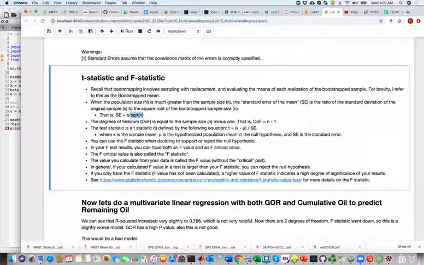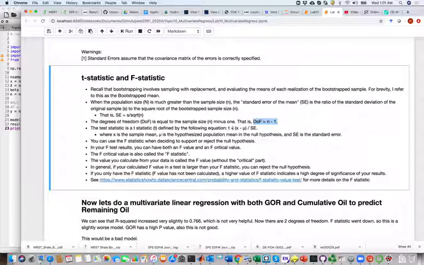So standard error is just some normalization of your standard deviation, and the normalization is simply by dividing by the square root of n. Degrees of freedom, DOF, is simply sample size minus 1.